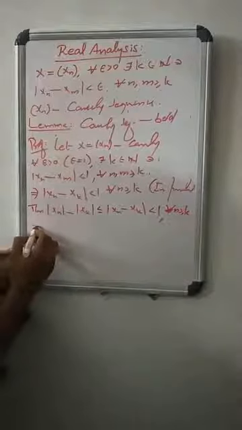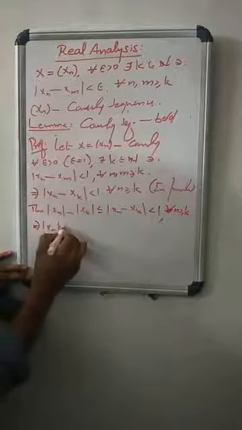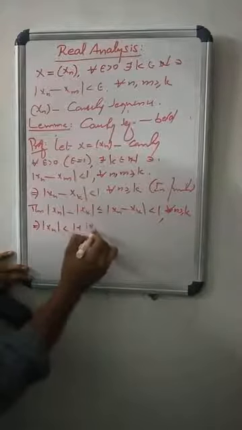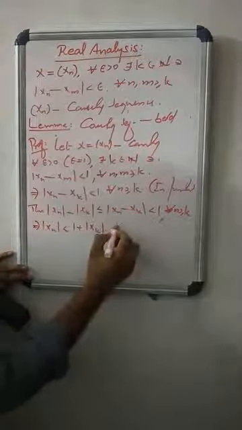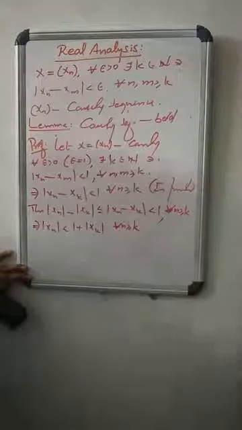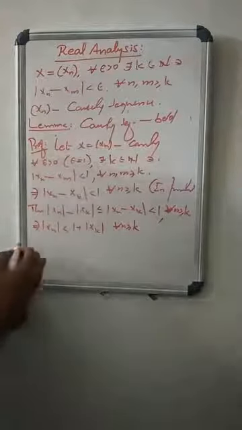That means modulus of xn is strictly less than 1 plus modulus of xk for all n greater than or equal to k.